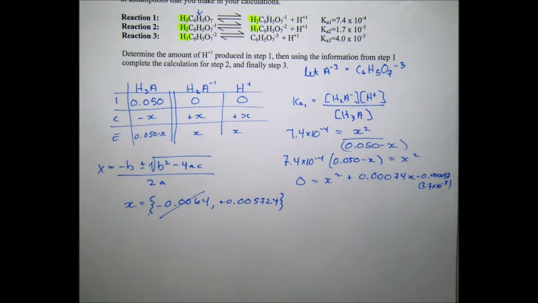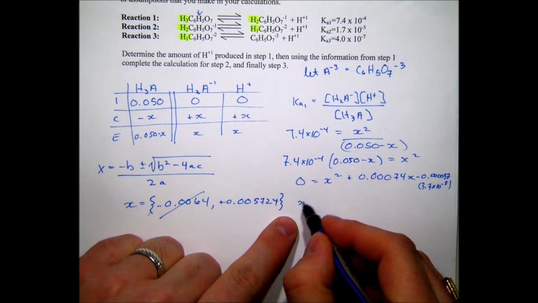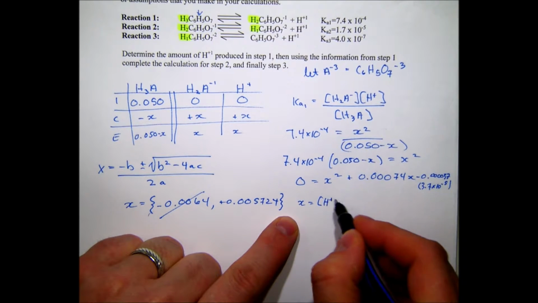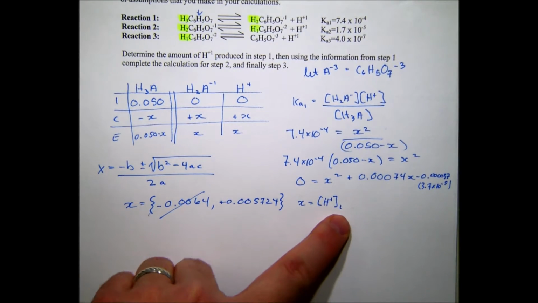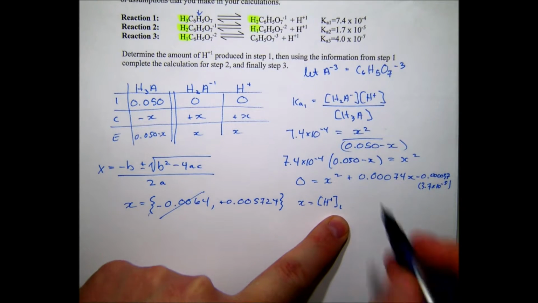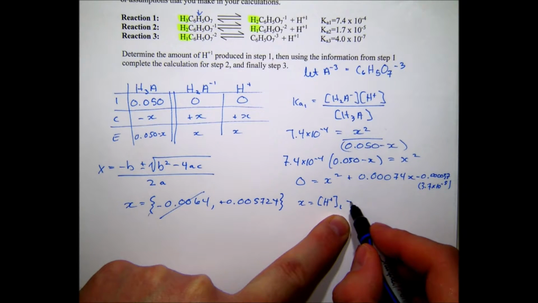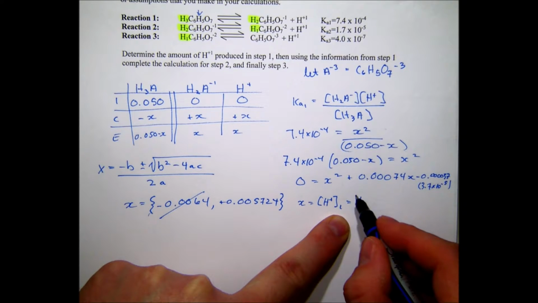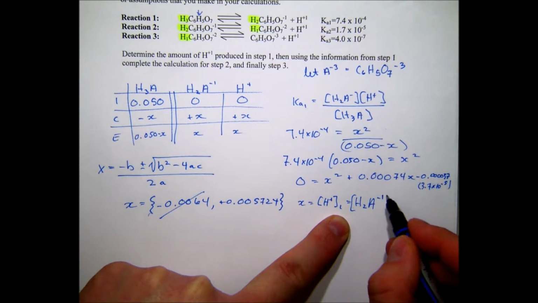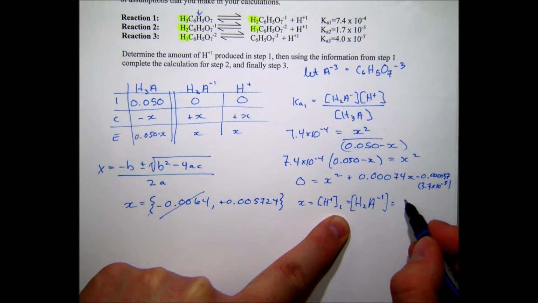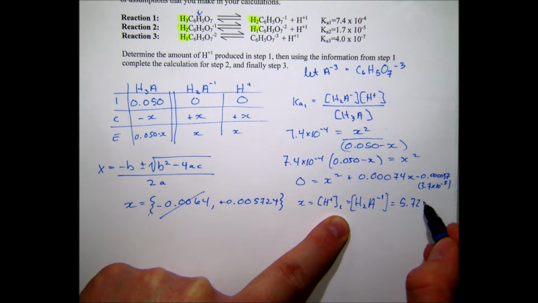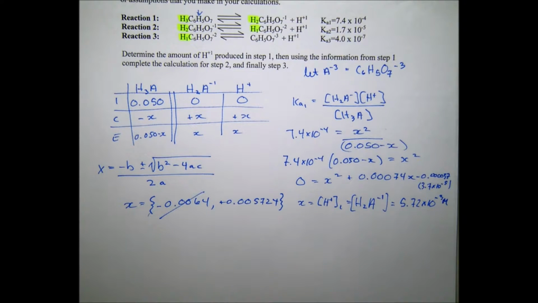So our value of x, so x is equal to the concentration of H plus, and I'm going to put a little subscript 1 to indicate that we're talking about step 1 here, which is also equal to the concentration of H2A minus, is equal to 5.72 times 10 to the negative 3 molar. So we've solved our first step.